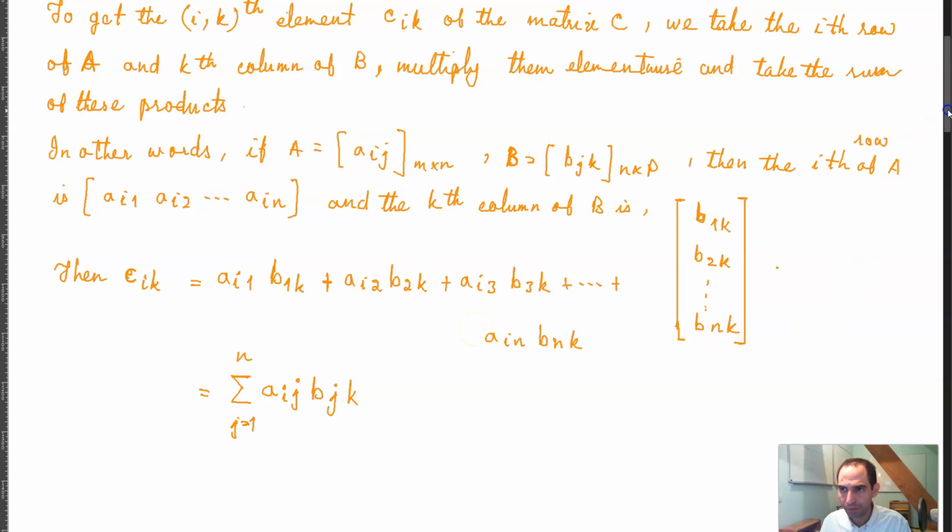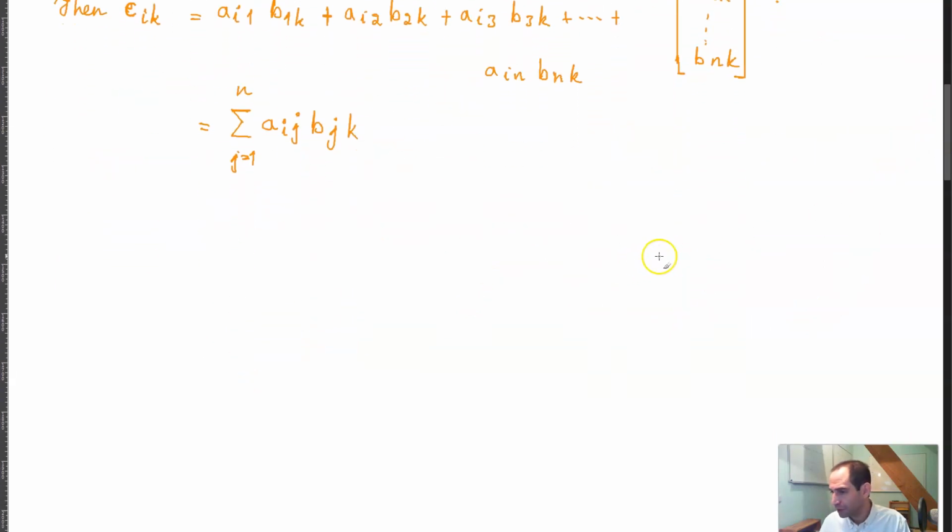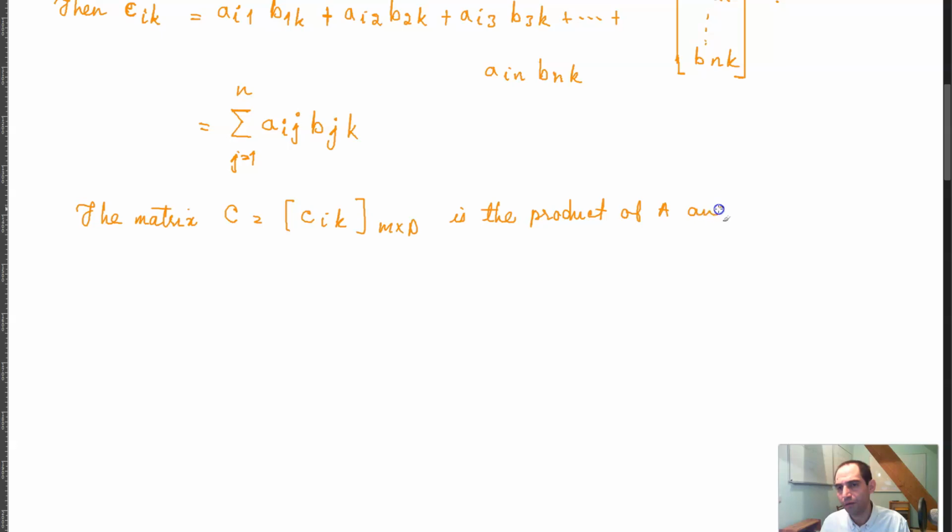And therefore you can say that basically the matrix C is equal to C of IK, M by P, is the product of A and B. Is the product of A and B, right?